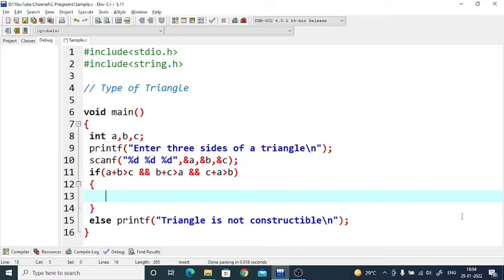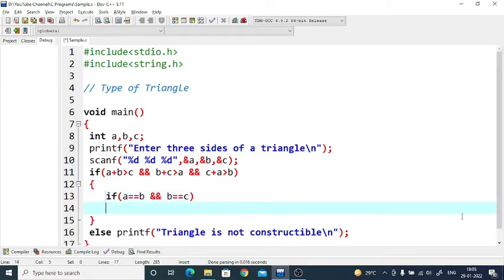Now, if the triangle is constructible, we are supposed to check the type of triangle. There are three possible types based on the sides: equilateral, isosceles or scalene. So if A is equal to B and B is equal to C, the third one is obvious, because A is obviously equal to C, so we don't have to check the third option.